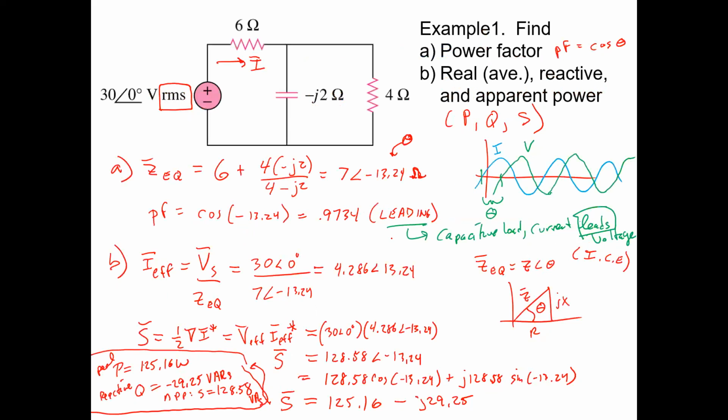Mm-hmm. The S bar equals 128. That's 30 times 4.286 angle minus 13.24. Yeah, that's just the result of that. Okay.